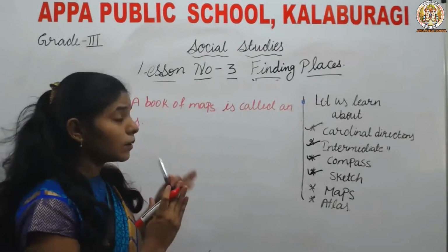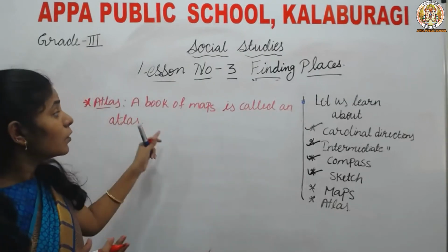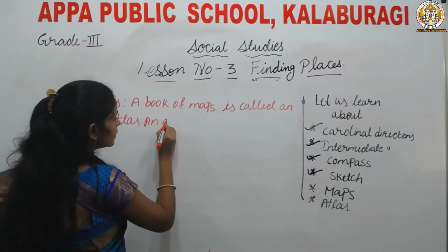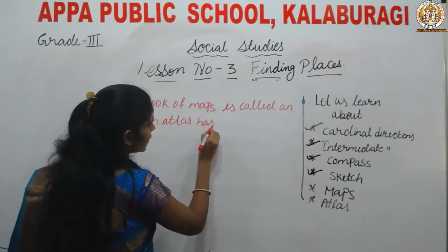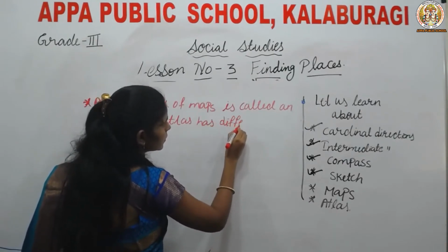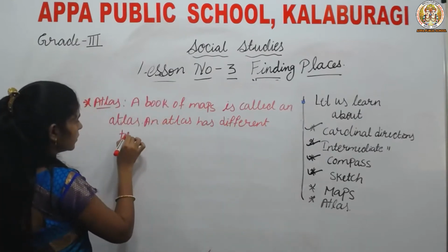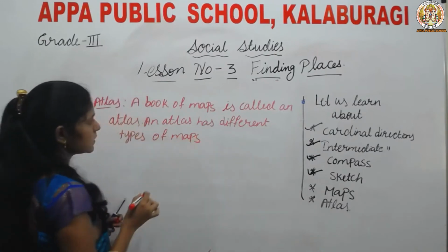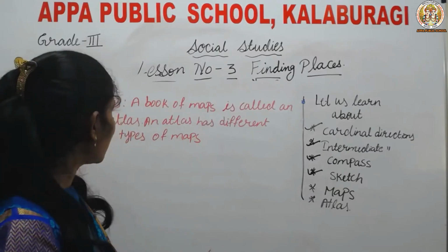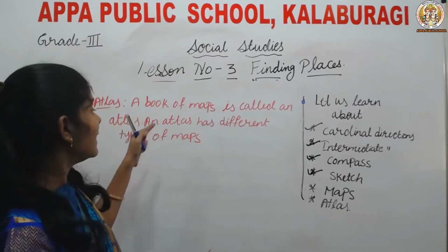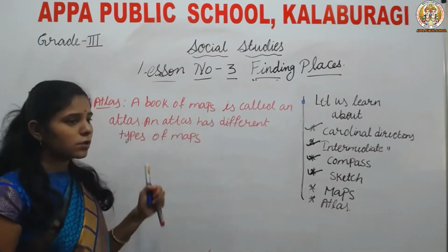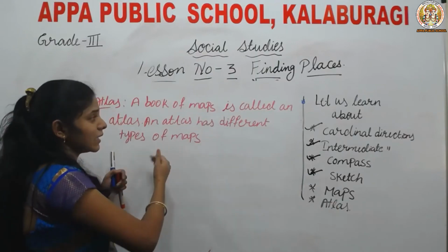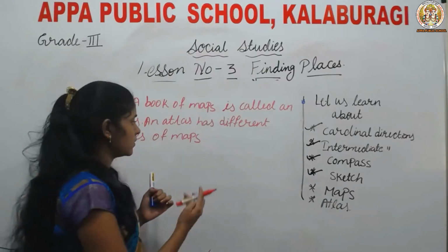A book of maps is called an atlas. An atlas has different types of maps, like political maps and physical maps.